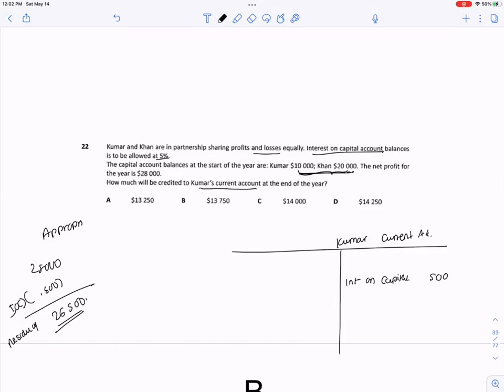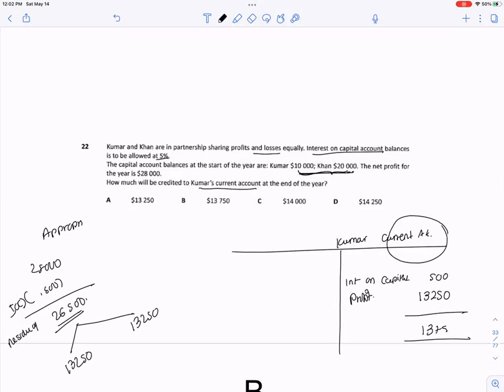Now we were supposed to divide it into 2. So it's 13,250. So share of profit is how much? 13,250. So what will be his current account balance? We will add that.